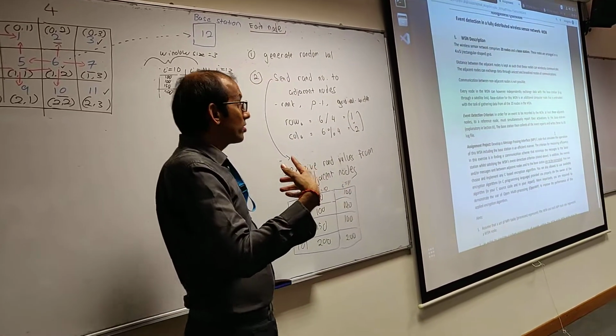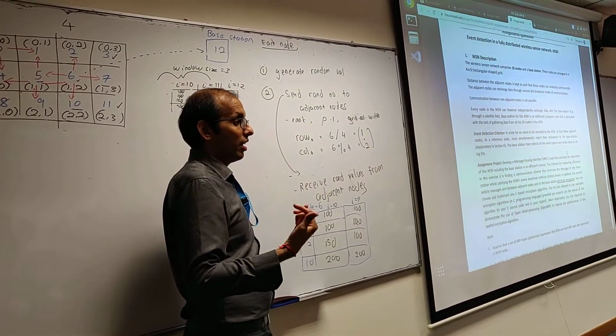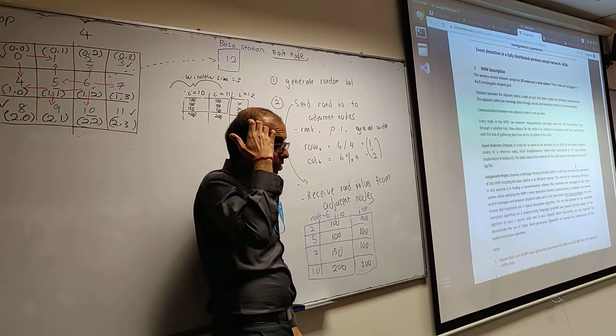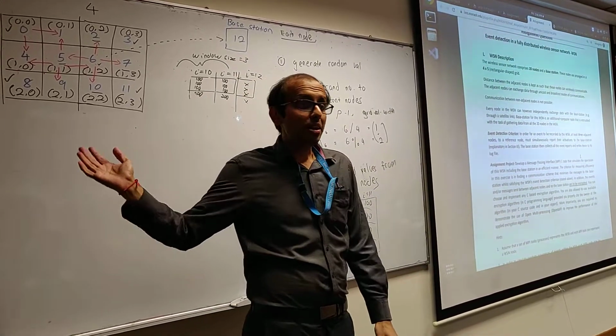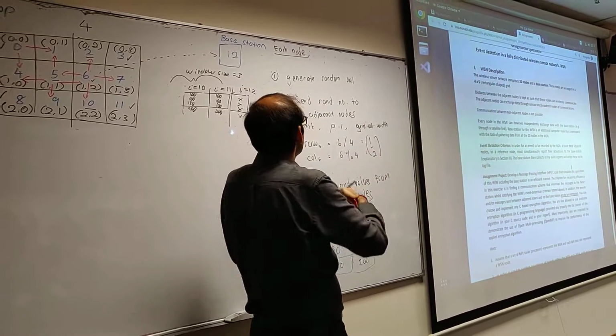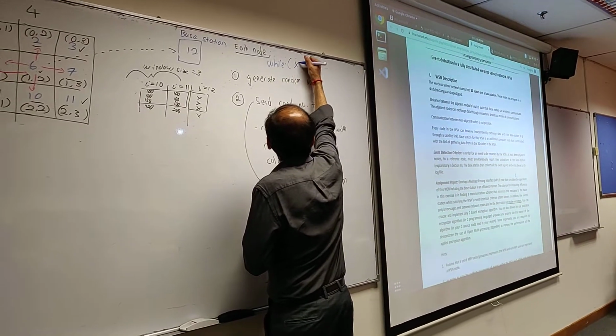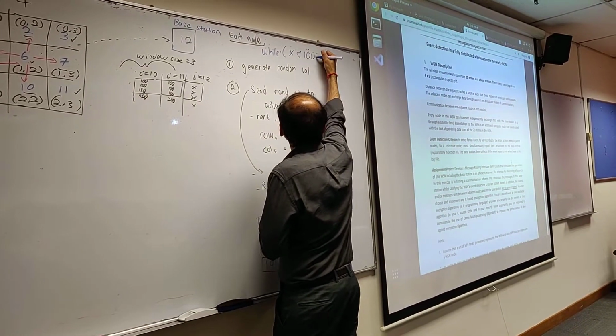Now the question is, how long do you execute this while loop? This is tricky because this is like an experiment, like a simulation. So you can put, let's say, while x is less than 1000.